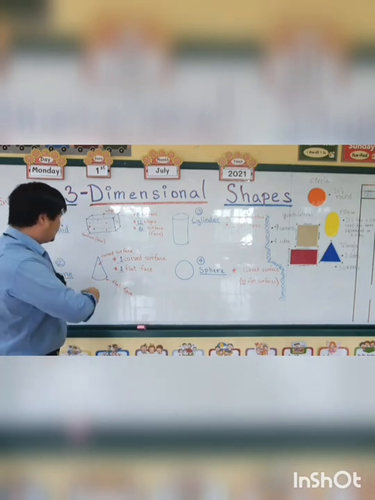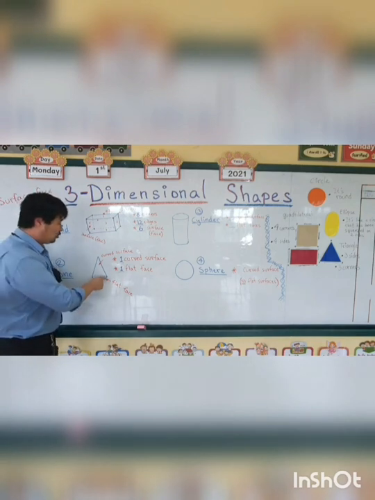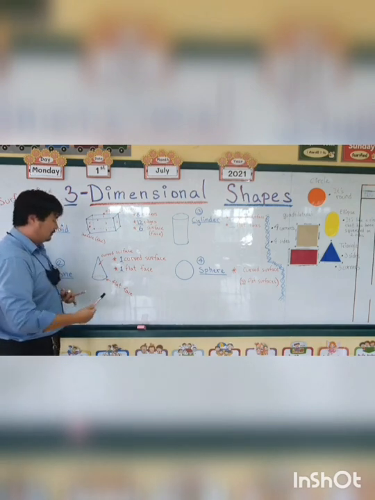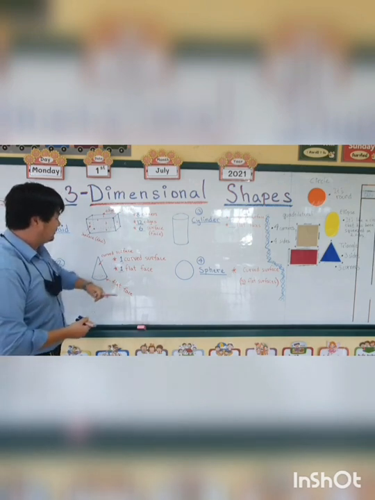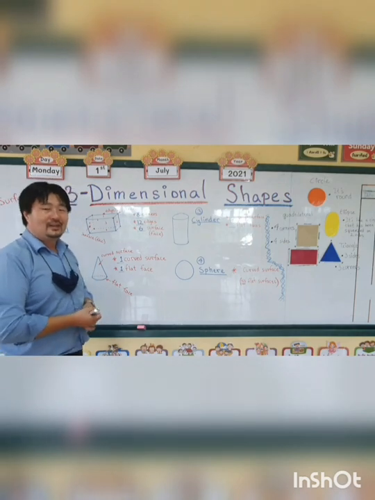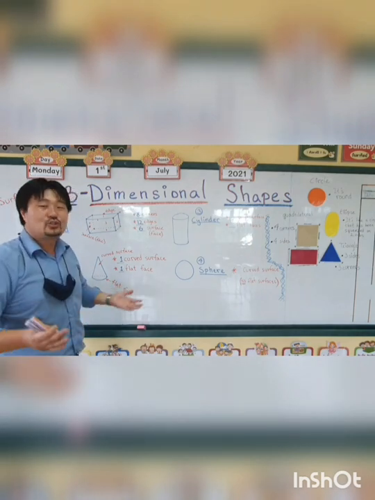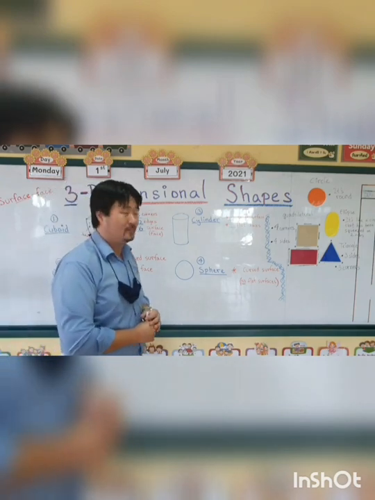So that you cannot see the other side, that's why I'm using black, and I'm not drawing a solid line, I'm drawing a dotted line. Okay? So underneath is the flat face, flat surface. Okay? I hope you understand. If not, just stop me, tell me you don't understand, and I will explain more.